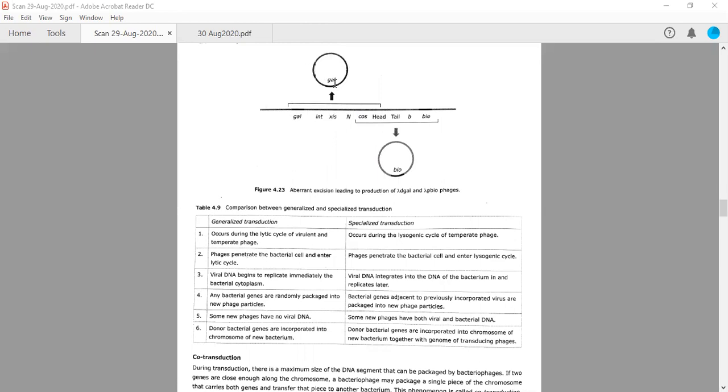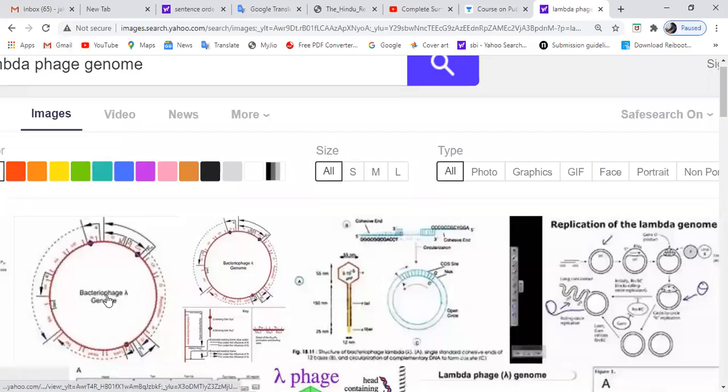But what will happen, because the size of the viral genome is very limited. The head region has space which can accommodate only this much of DNA.